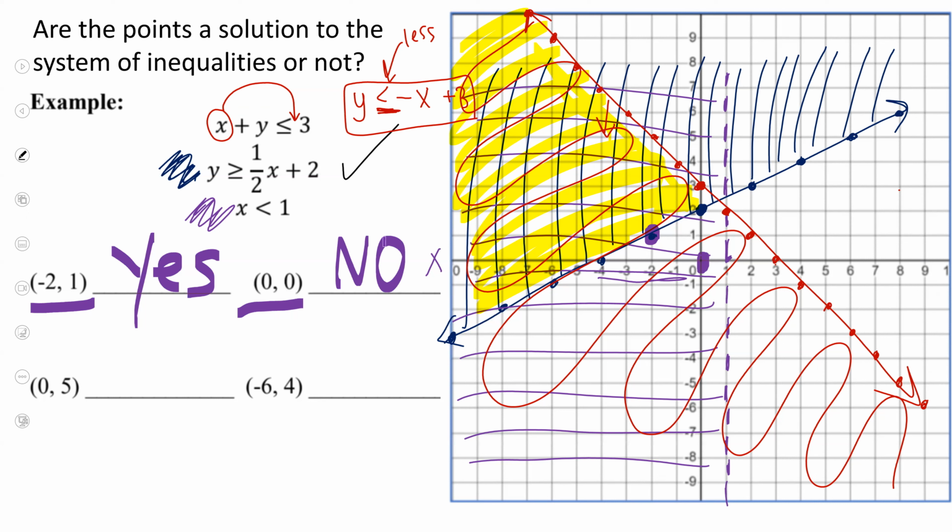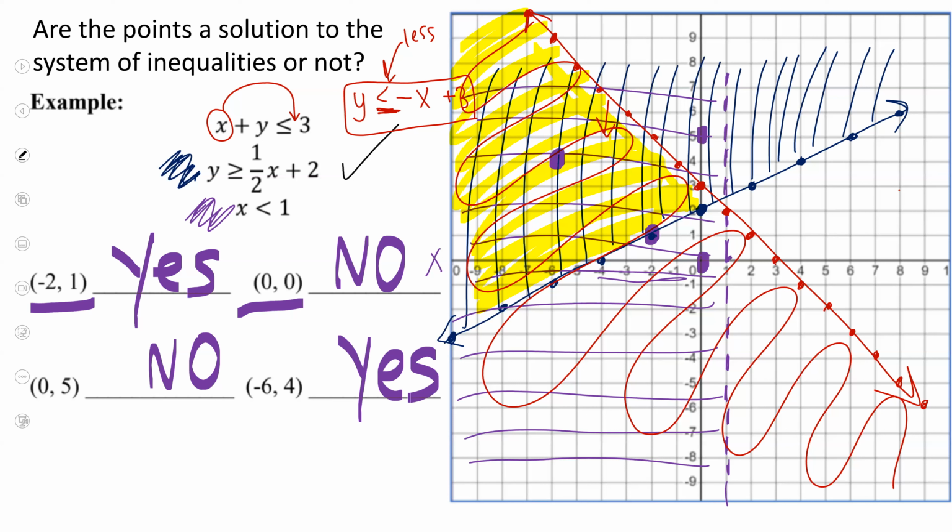Not in the area. Yep, it's not in this yellow part. It's not in the triple shaded part. Next is (0, 5). Is that a solution? I put yes. (0, 5) is right here. Is that in the yellow? Not in the yellow, so no. Next is (-6, 4). Yes, that is in the yellow part, so that is a solution.